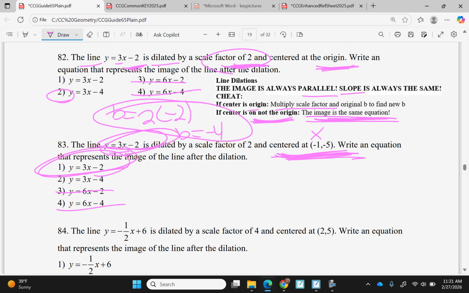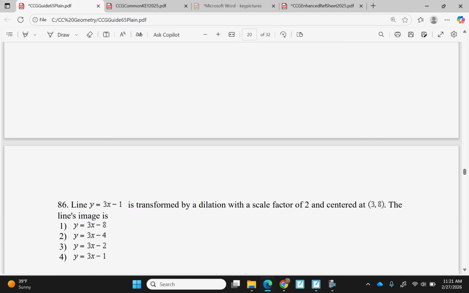If I basically sub x and y into y equals 3x minus 2, I get 5 equals 3 times negative 1 minus 2, negative 5. And that shows that it's on the line. And if it's on the line, it's the same line. But the cheat works most of the time. That's what we're going to roll with, at least in Schlansky's guide to 65.